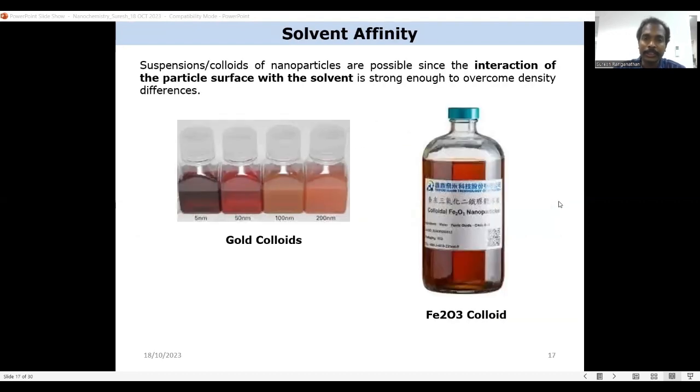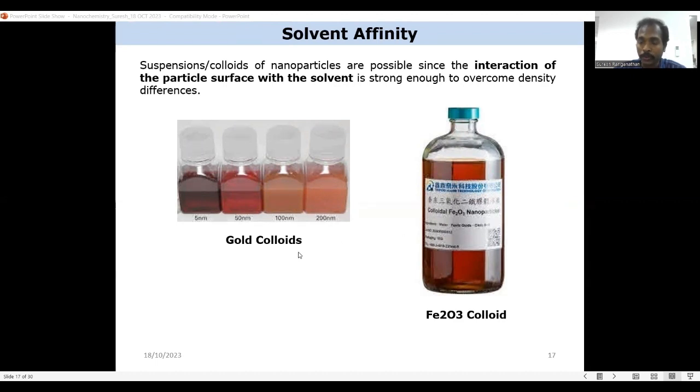Another one is solvent affinity. Generally, some bulk inorganic materials may not be soluble in water. In the case of their nano form, we may get a colloidal solution. For example, we can prepare gold colloids.